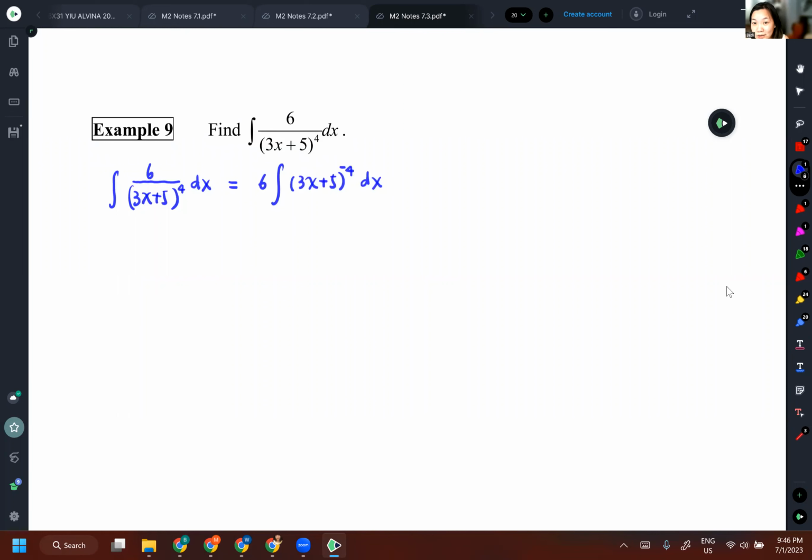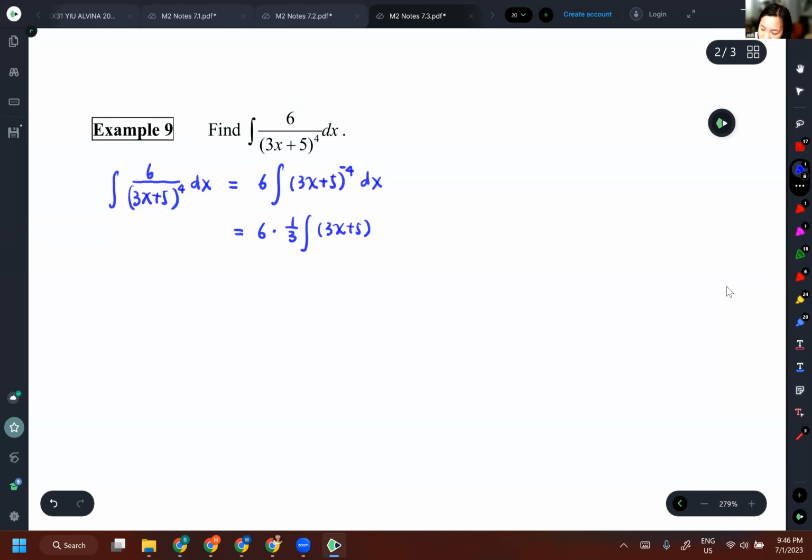Now what you do here is you want to use the formula, but you can't because this is not the same base. So you need to do 6, but 1 over 3, (3x plus 5) to the power negative 4, and change dx to d(3x plus 5). Okay, that's a change of variable. That's integration by substitution.